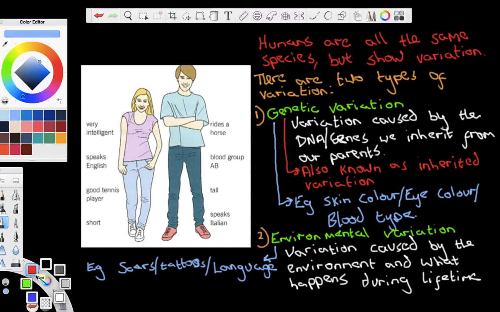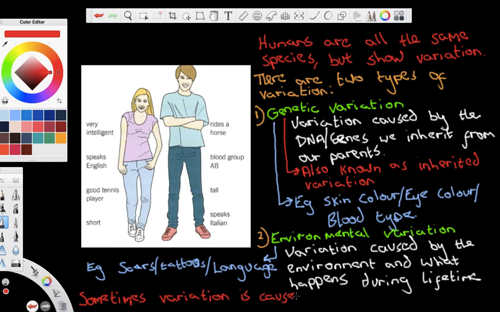So we can say, and I'll see if I can fit it down here, sometimes variation is caused by both genes and environment.